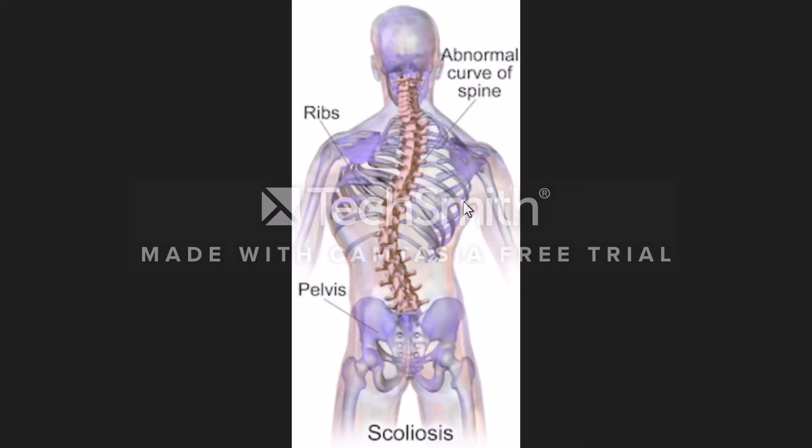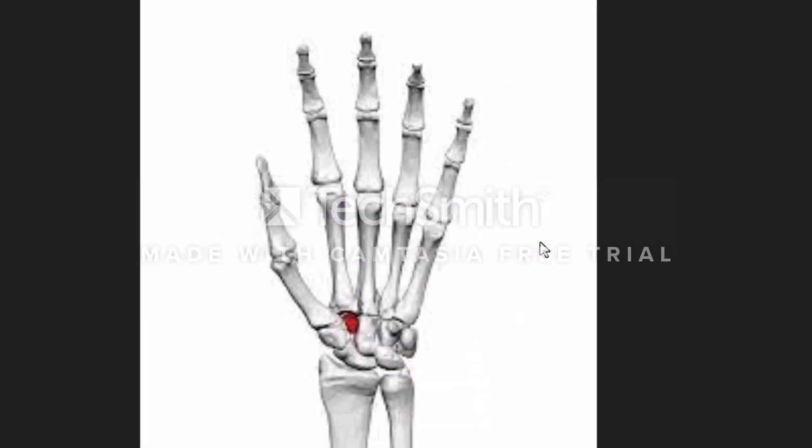Some diseases in the skeletal system are scoliosis, which is a side-to-side curve in the spine and becomes evident during adolescence. Then we have the trapezoid, and because of the location of the trapezoid, it's below the thumb joint, and it plays a role in both the stability and the movement of the thumb.